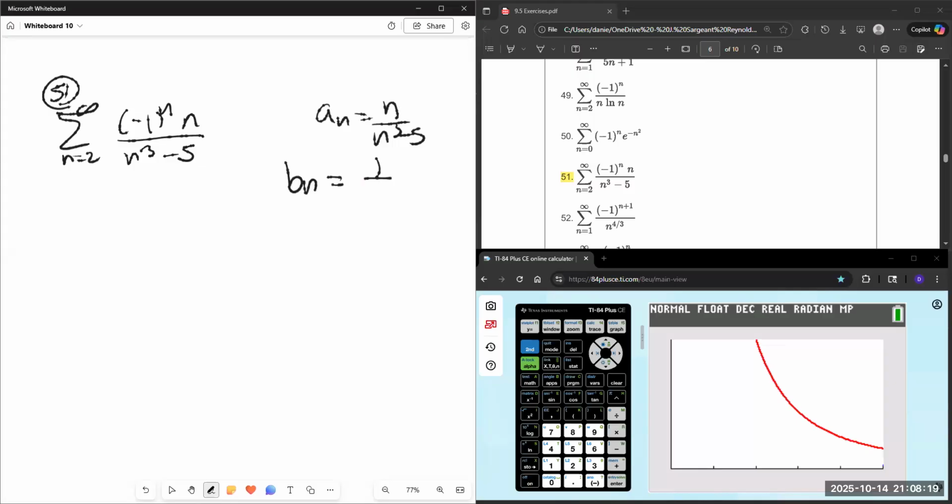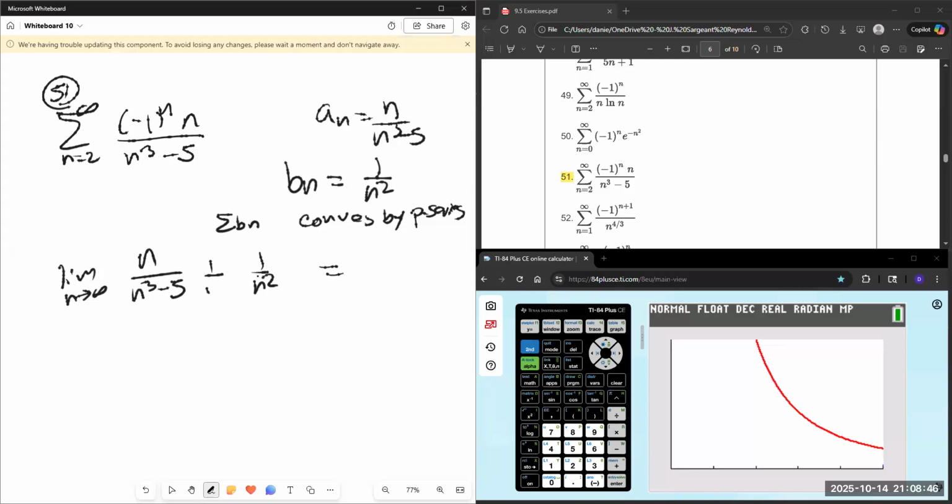b_n is 1 over n squared, which converges by P series, and the limit as n goes to infinity of n over n cubed minus 5 divided by 1 over n squared is equal to the limit as n goes to infinity of n cubed over n cubed minus 5, which equals 1.